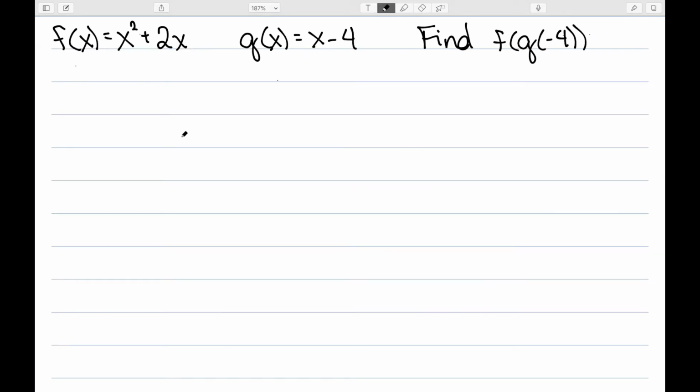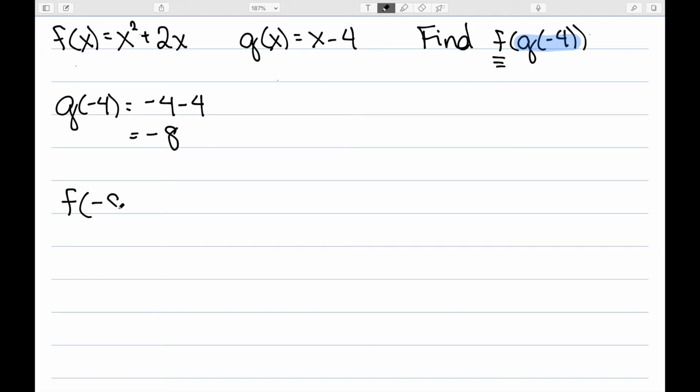Here I have my two functions, f of x is x squared plus 2x and g of x is x minus 4, and I want to find f of g of negative 4. Like I said, we always start on the inside, so I'm going to start by finding g of negative 4. This would be negative 4 minus 4, which is negative 8. I then use that as my input for f.